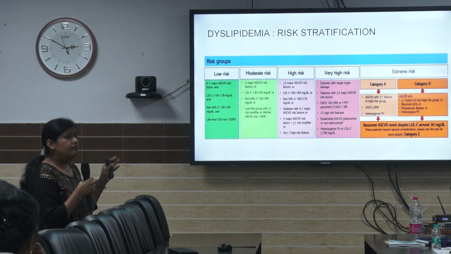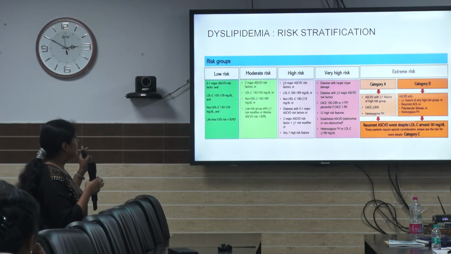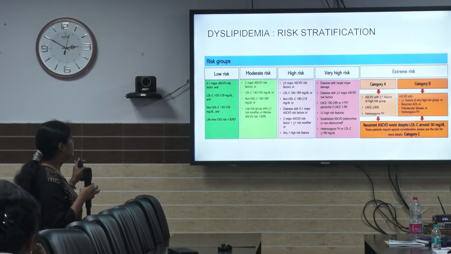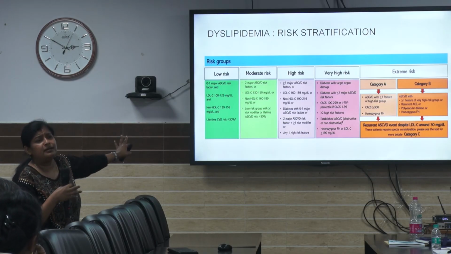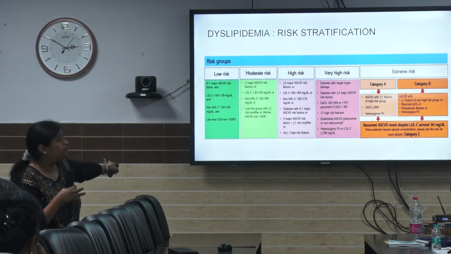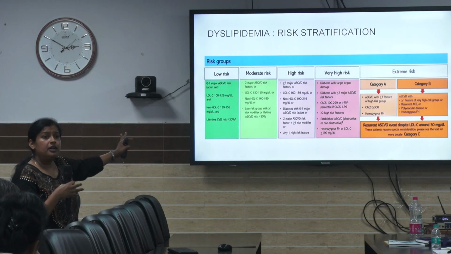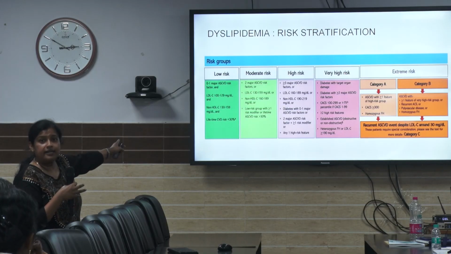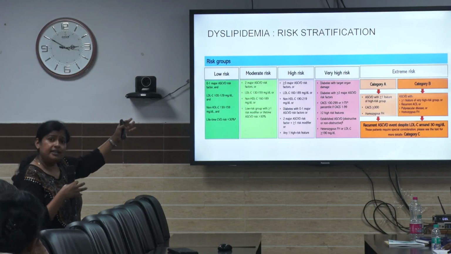Then when you identify all this, red, blue, green, we might not be able to remember a lot of it. What we are trying to tell is that in low risk, you have one major ASCVD risk factor. In moderate risk, you will have 2. What was the major risk factor? The first column of 4. Any 1, it is low. 2, it is moderate. More than 3, high.